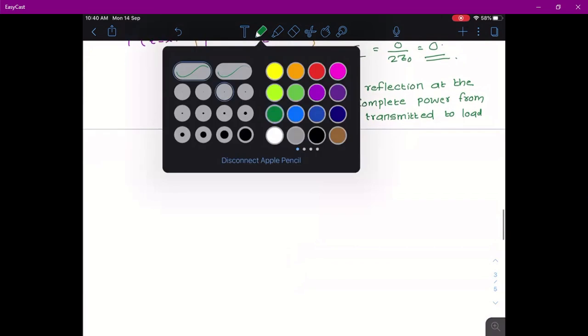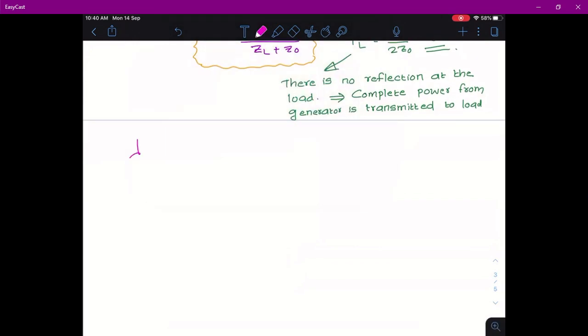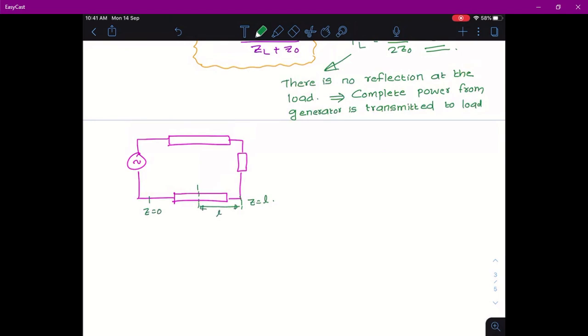Now, in the transmission line diagram, there is a generator, the transmission line, and there is the load. We have also seen that if you want to find the value of reflection coefficient at any point L dash, so this is at z equal to L, this is at z equal to 0, which is a distance L dash from the load, or at a distance L minus L dash from the generator.